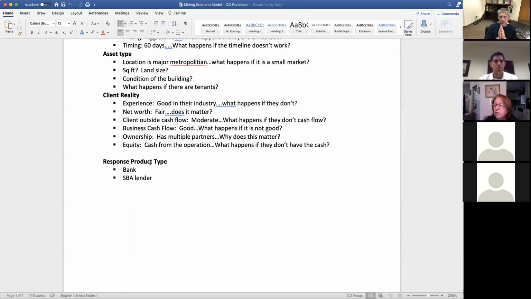Now, quite honestly, for an owner occupied loan, with the exception of, well, let me get into it. So some of the things you look for is like, what's the location? Is it a major metropolitan area? Is it in a sub-market, which is a smaller market, maybe suburban area, or just a small town?